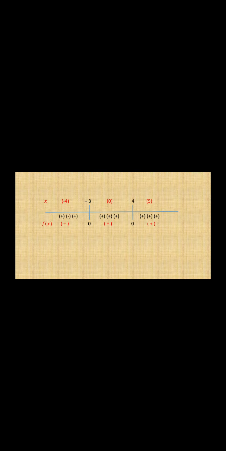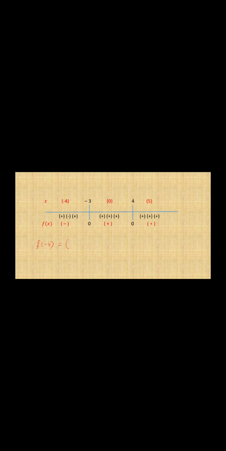And what about here? We have to check the values before negative 3 to check this interval. We choose negative 4 as an example of a value less than negative 3, and substitute it into our function. When we substitute, we can find f of negative 4, and only determine the sign.